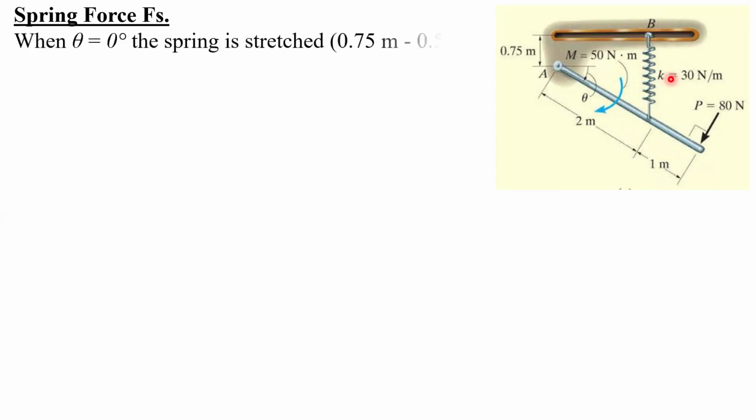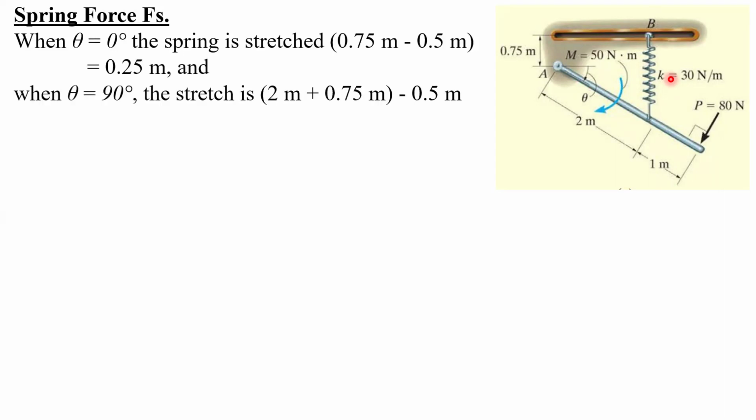Then the spring force. The spring has an undeformed length of 0.5 meters. But the length at the initial position when theta is equal to 0 is 0.75. Therefore, the spring has stretched by 0.25 in addition to its original length of 0.5, which makes it 0.75. So the spring at theta 0 has stretched 0.25 meters.